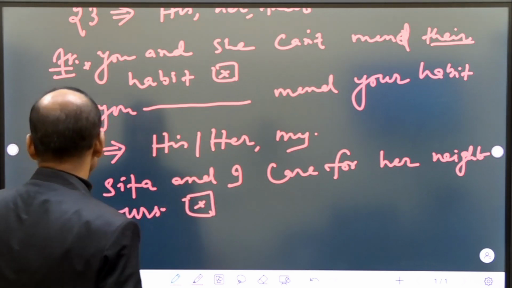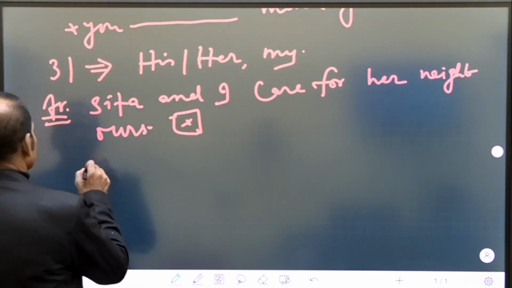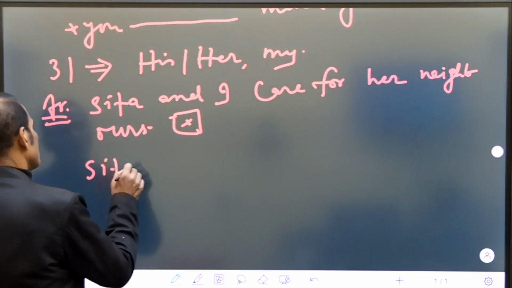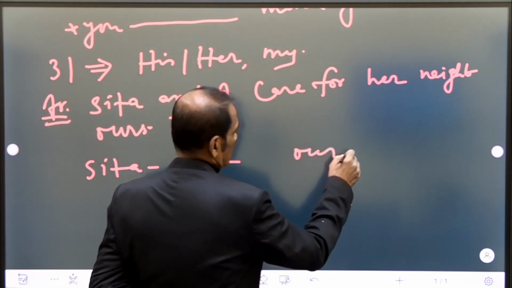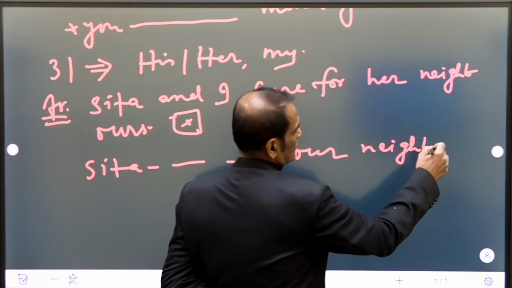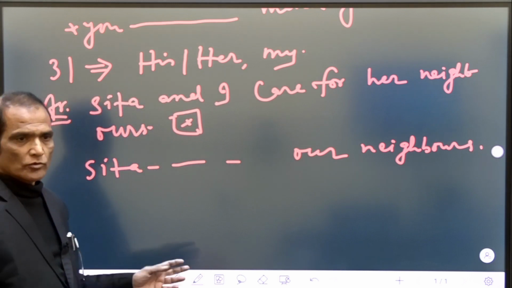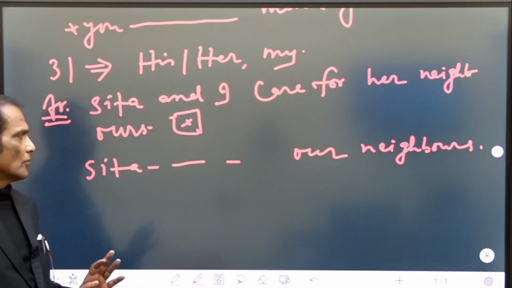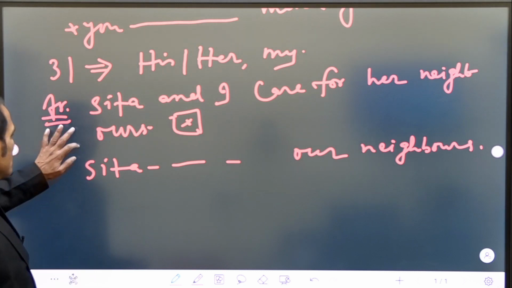Here should be not "her". Here should be Sita and I care for our neighbor. Okay, so it may be cleared.